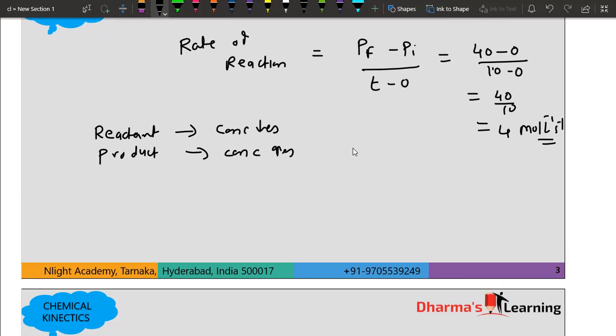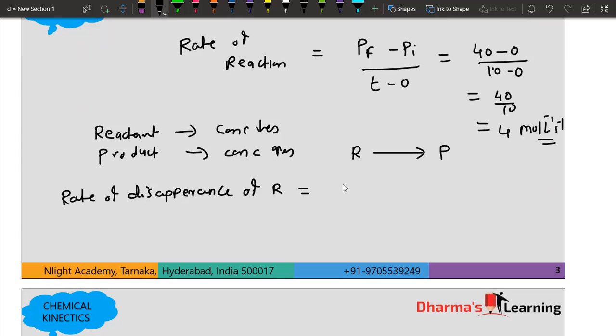Now, see what I'm going to say here. If I have a reaction in which the reactant R converts into P, what is happening? The concentration of reactants decreases. It means reactants start disappearing. So I can write like this also, the rate of disappearance of R. The R is disappearing, the reactant is disappearing, and this is equal to the change in concentration.